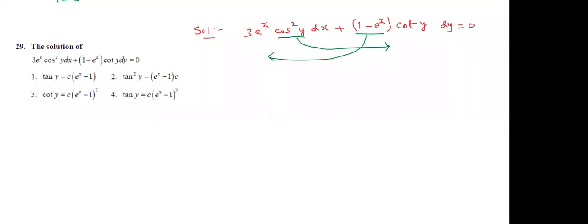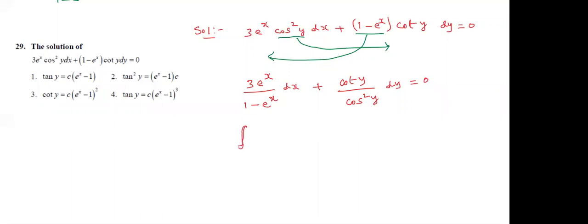Now overall you will get 3 e power x by 1 minus e power x dx plus cot y divided by cos square y dy is equal to 0. Now variables are separated. Apply the integration.